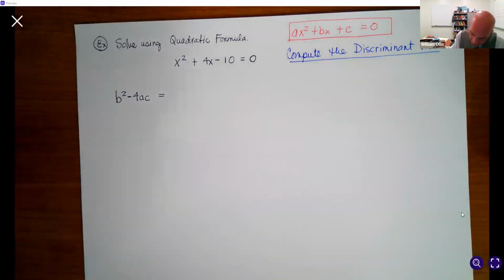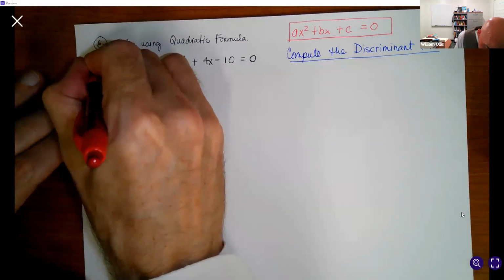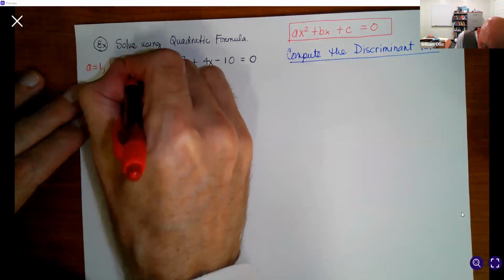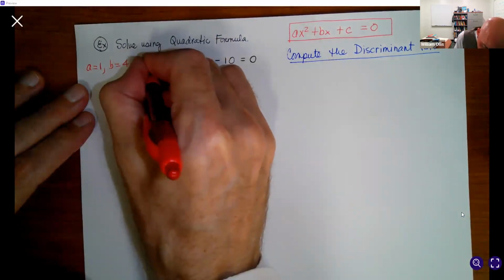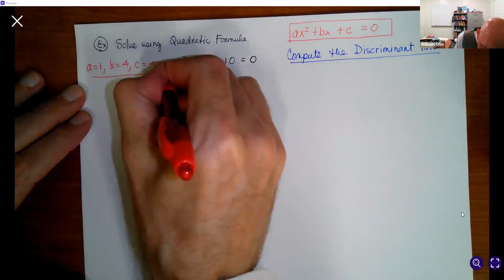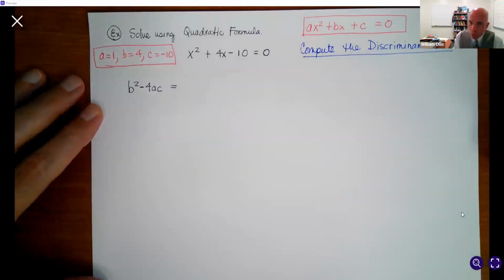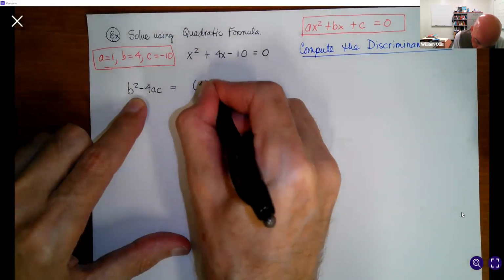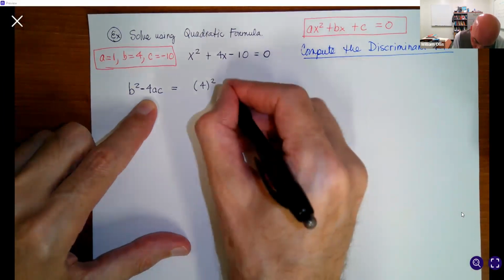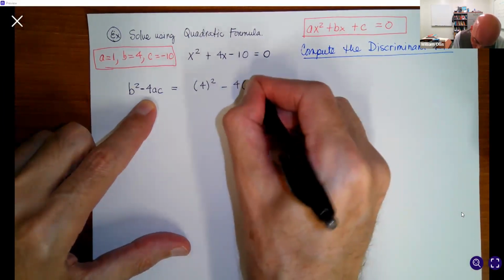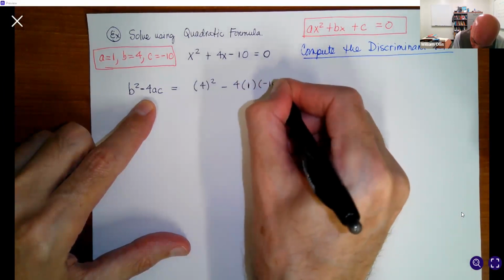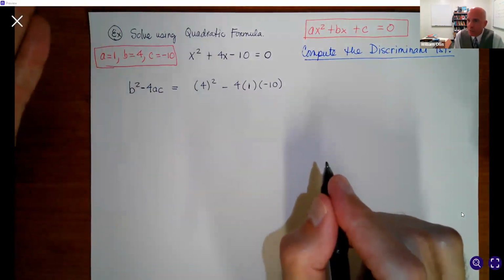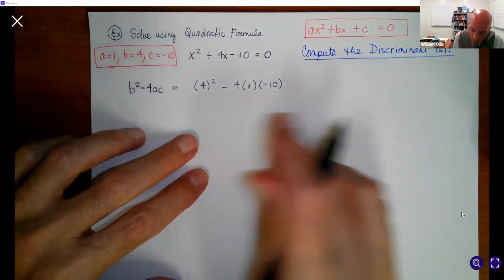So over here, I'm just going to write a, again, we've got standard form, is 1, b is 4, and c is -10. Right there. So that should be something that you write in your work. And then b squared, so we have 4 squared, then we have minus 4ac. Now, remember, numbers can be factored, just like the letters, and we want to practice with that.